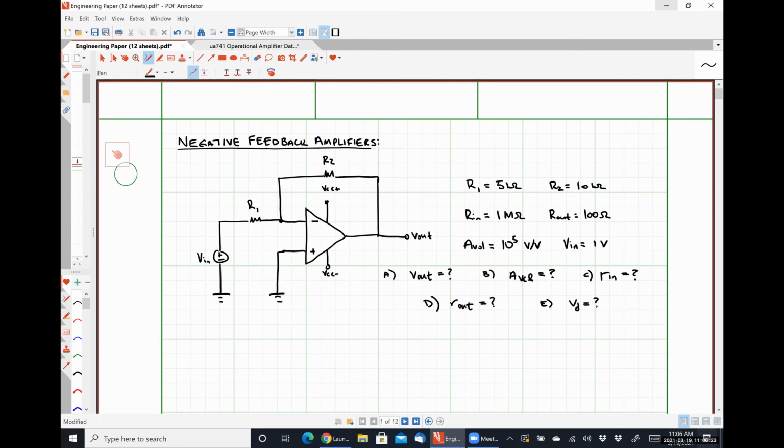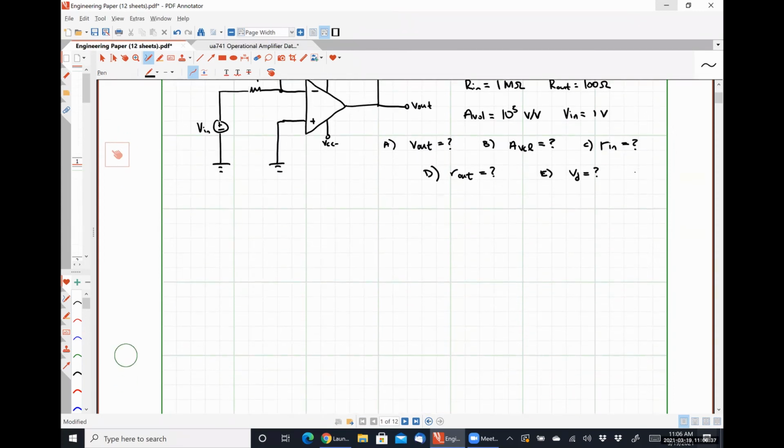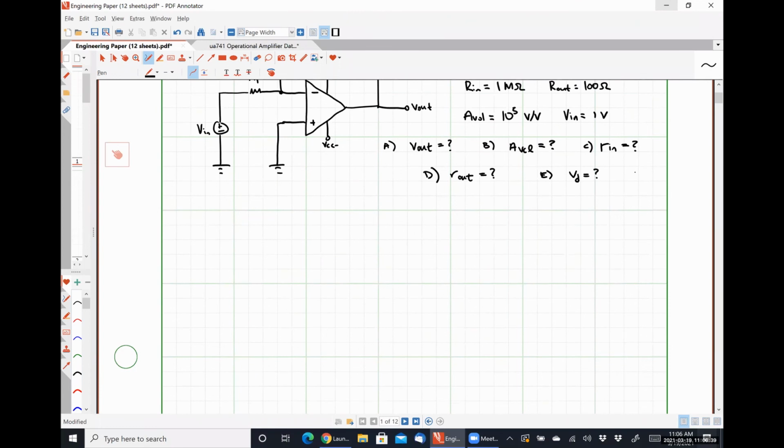All right, so we are given practical op-amp parameters. So we're going to work this using the practical op-amp model. One of the hardest parts of this problem is literally going to be just redrawing this thing to make sure that we're doing it correctly. So I'm going to take a moment to do just that. So I'm going to apply my input signal.